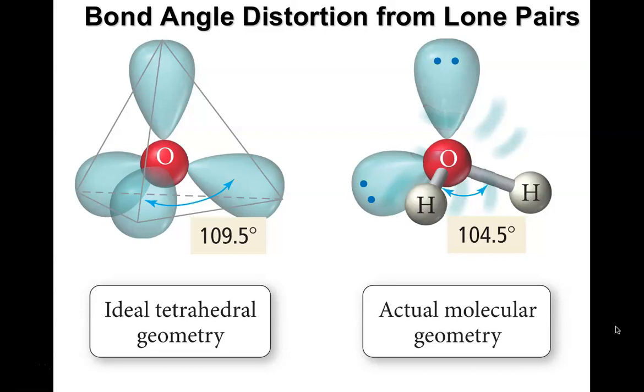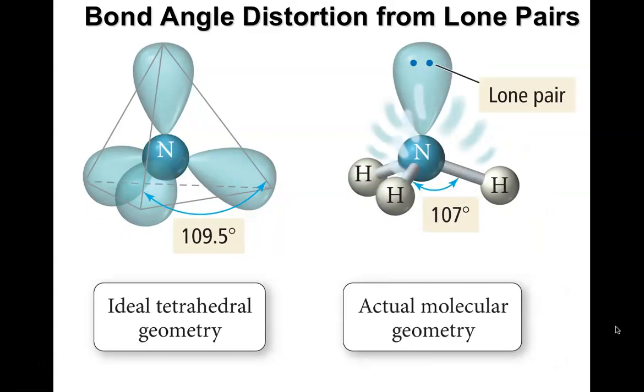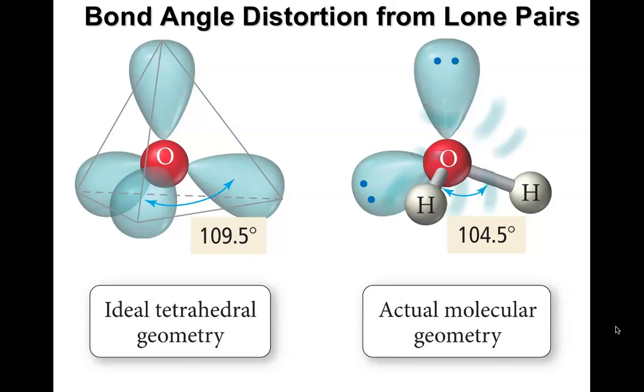So it makes the bond angle between the hydrogen atoms even smaller, 104.5. So we can see how these lone pairs do affect the molecular geometry, but electronically, ammonia and water are identical. They have 4 electron pairs around that central atom. In this case, 2 are bonded, 2 are lone pairs.